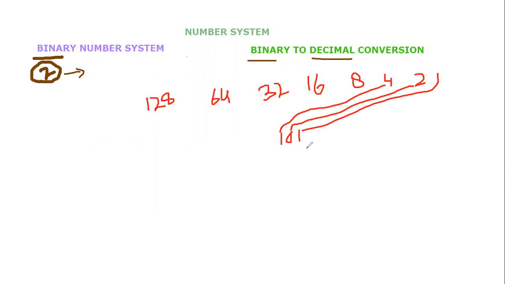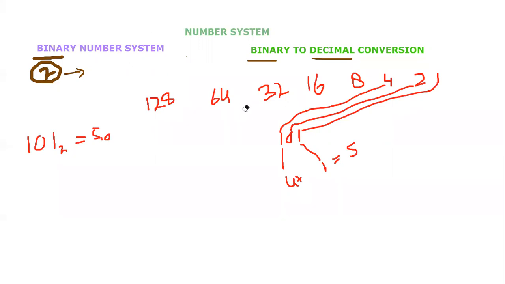So that is 1, and that is 4. So 1 plus 4, that means 101 in binary is equal to 5 in decimal, or 5 in base 10.